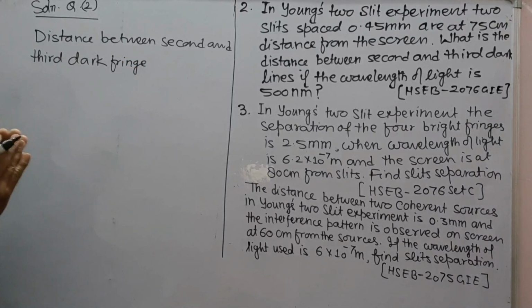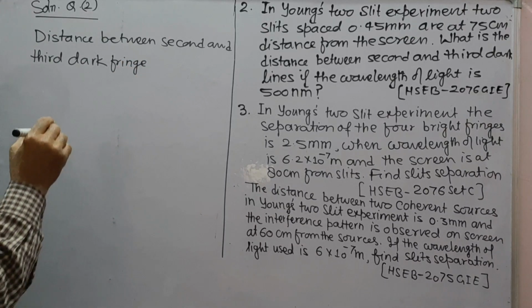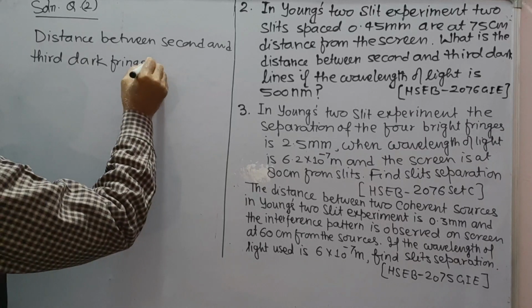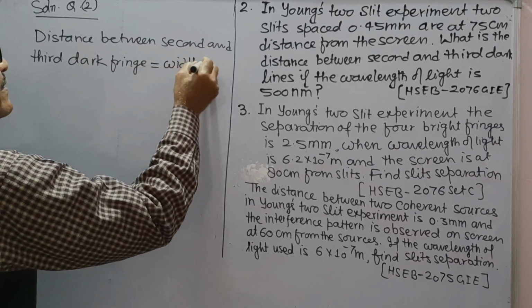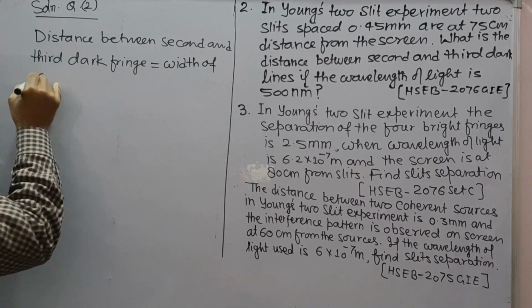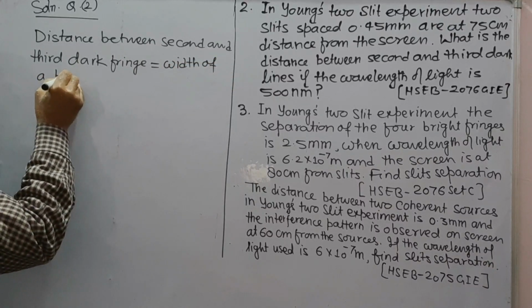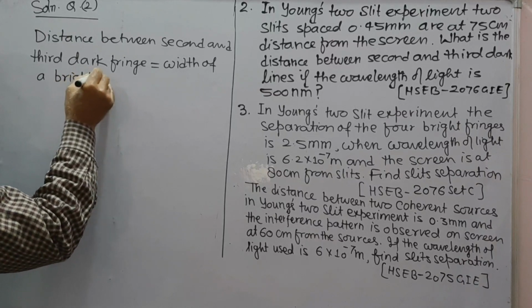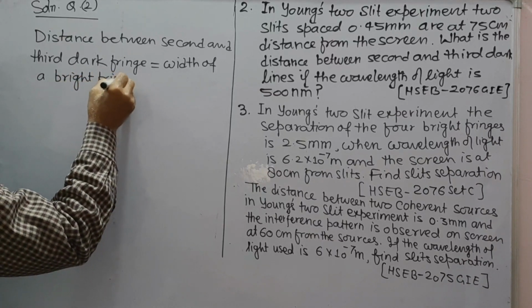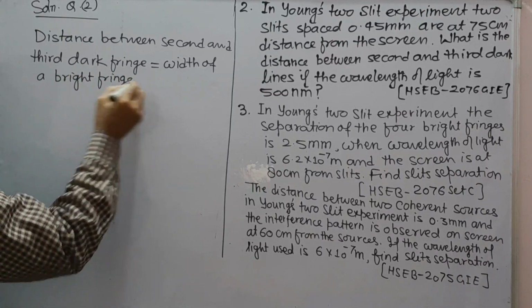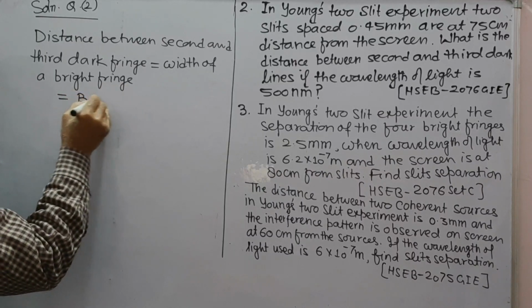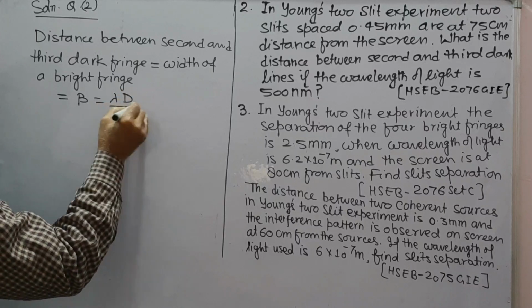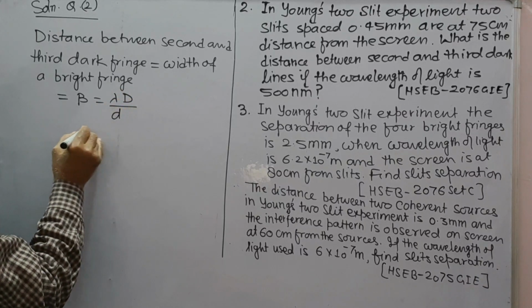Between the second and third dark lines there will be one bright fringe, that is, the width of a bright fringe, equal to beta is equal to lambda D by small d.